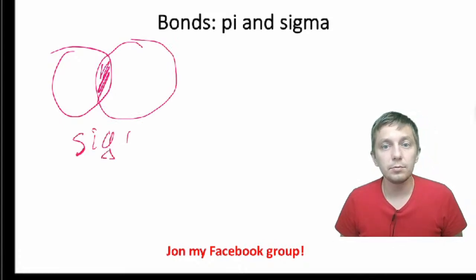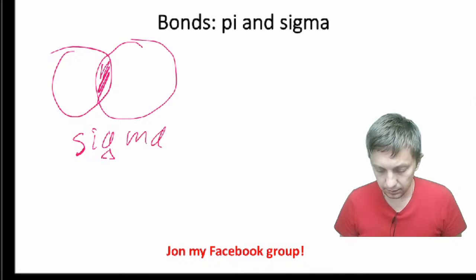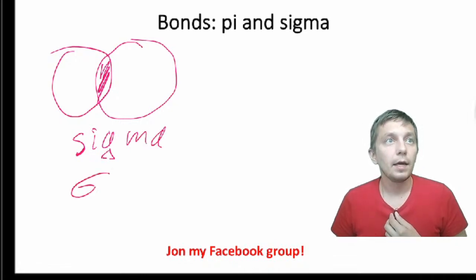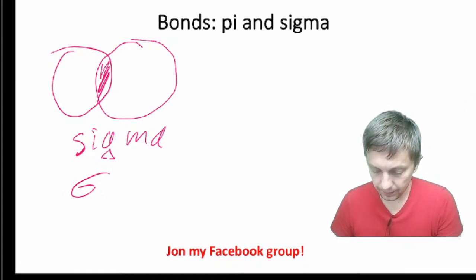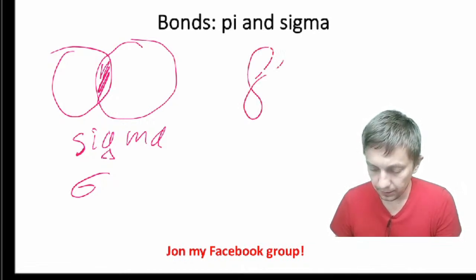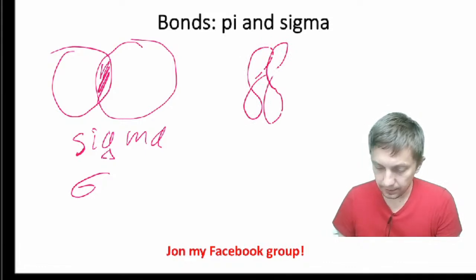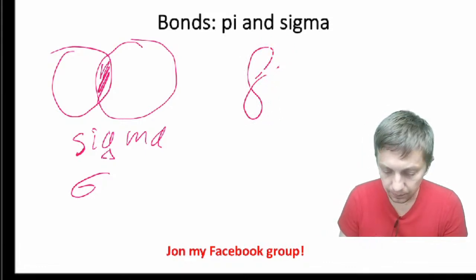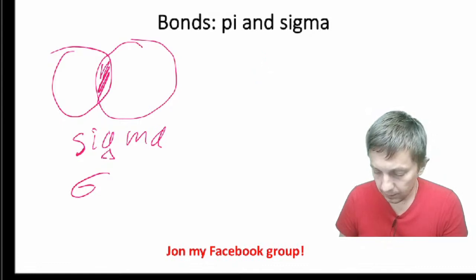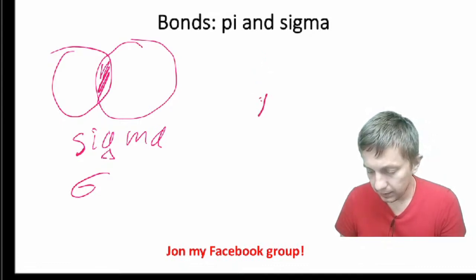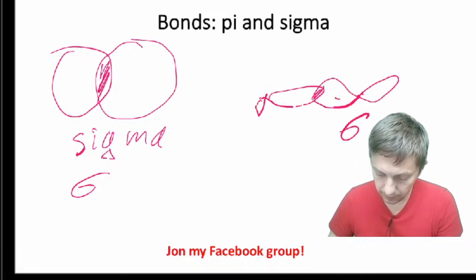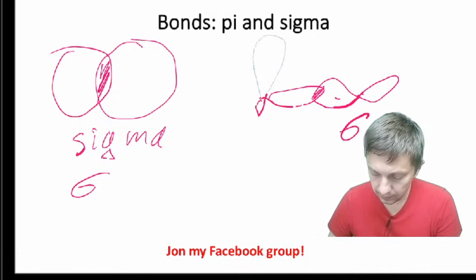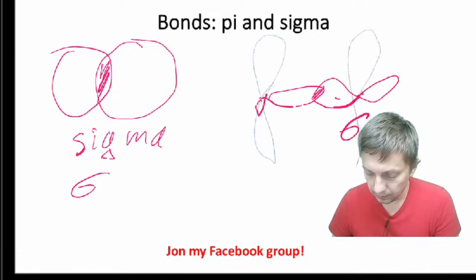Sometimes we use a symbol like this, sigma. Another option is overlapping, like in alkanes, for example, where we have partly overlapping. It's sigma bonds, but additionally we have pi bonds.